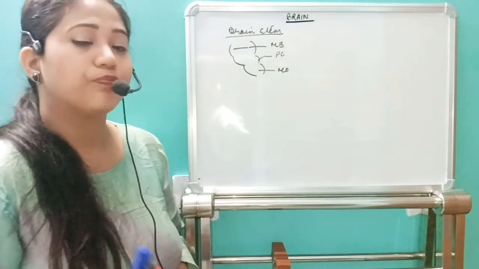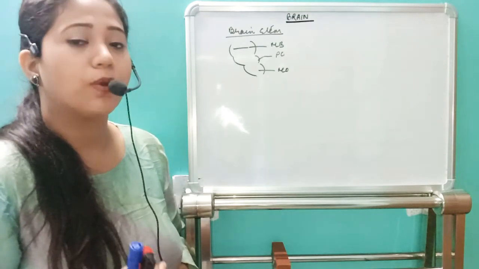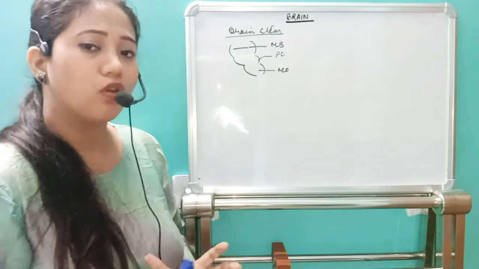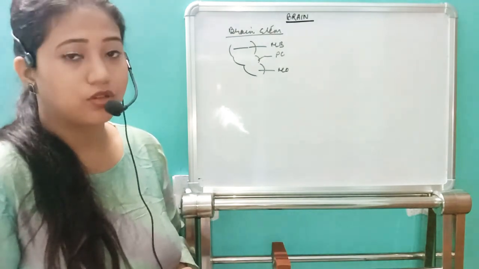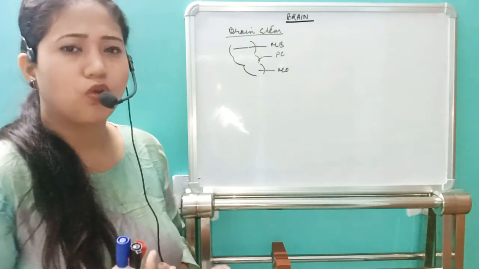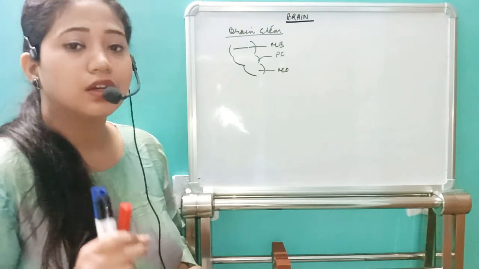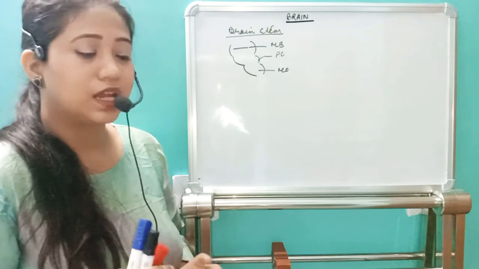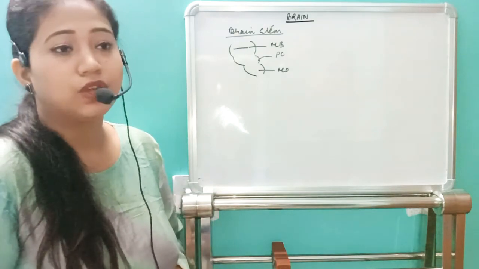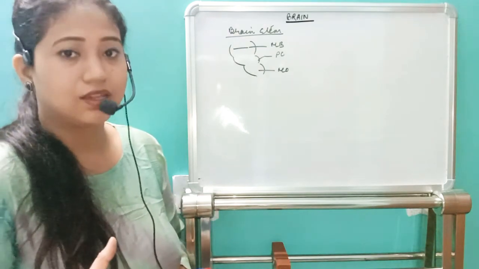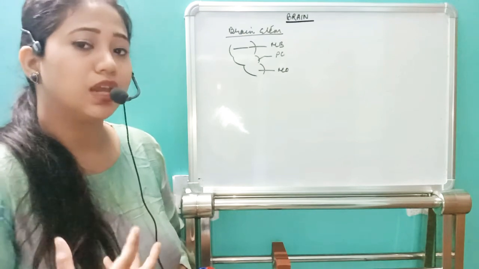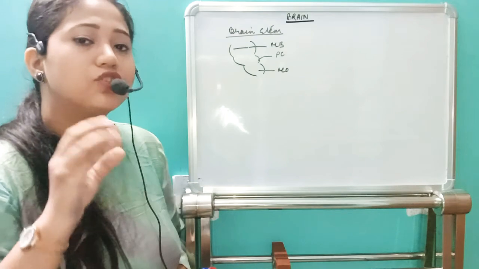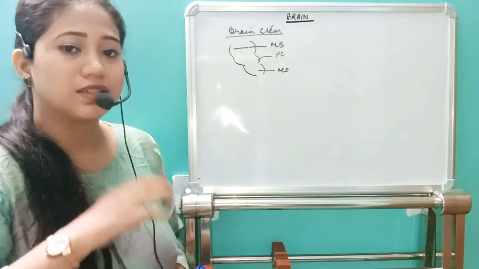What is that function? Whenever we are concentrating or give more concentrate on a specific sense, then all of the other sense will be blocked. Suppose we are listening to a song or watching a movie, very giving so much interest, okay, then we cannot hear or we cannot understand the other things, isn't that? So actually what the brain does, whenever we are concentrating on a specific sense, the brain stops bringing the senses to the brain.